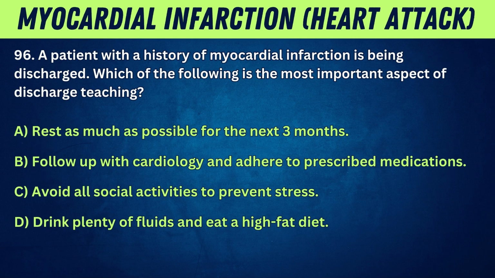96. A patient with a history of myocardial infarction is being discharged. Which of the following is the most important aspect of discharge teaching? A. Rest as much as possible for the next 3 months. B. Follow up with cardiology and adhere to prescribed medications. C. Avoid all social activities to prevent stress. D. Drink plenty of fluids and eat a high-fat diet.